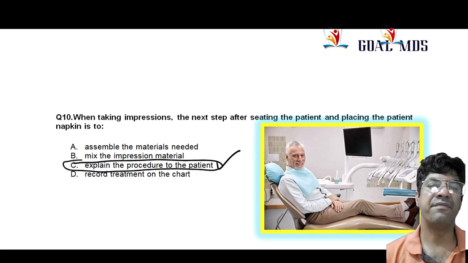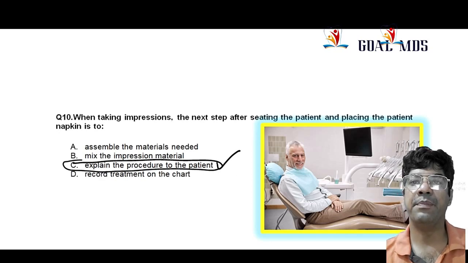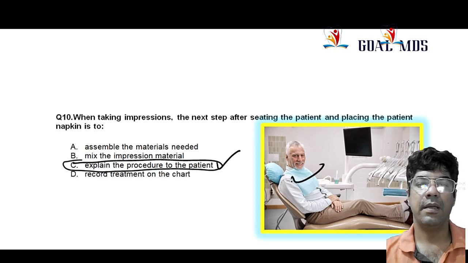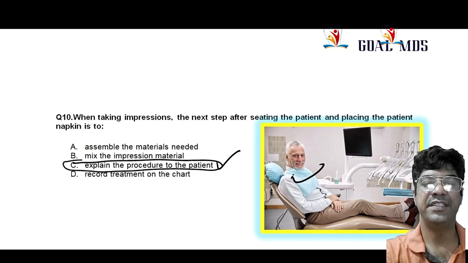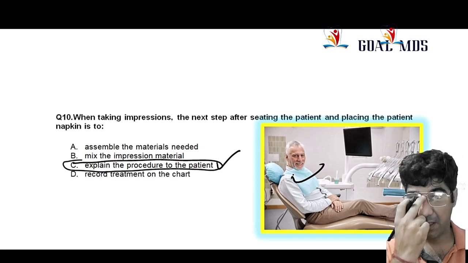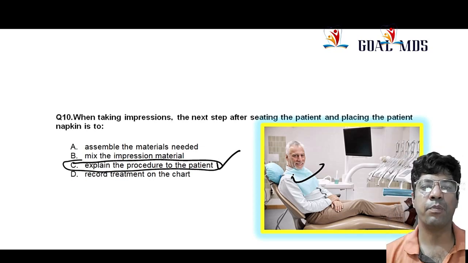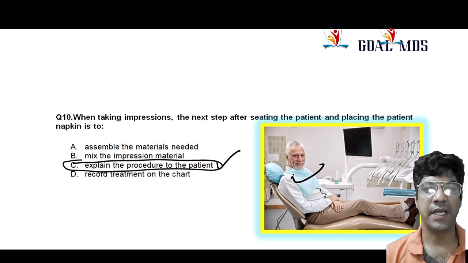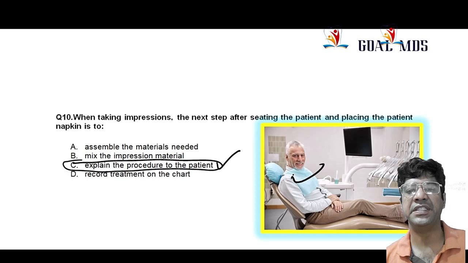So the next step after seating the patient and placing the patient napkin when taking impression is to explain the procedure to the patient. It is essential to ensure that the patient understands the process and is comfortable before proceeding with the impression. So that helps in achieving cooperation and successful impression procedure.